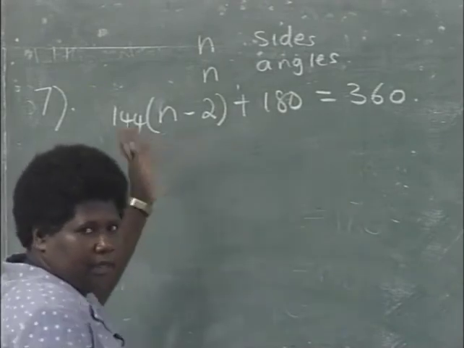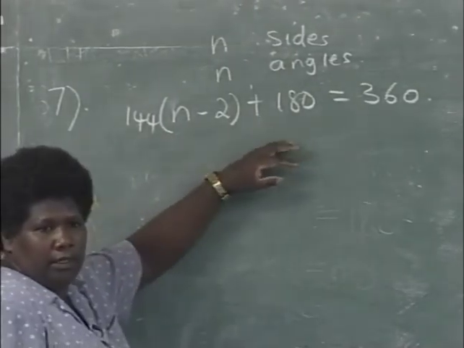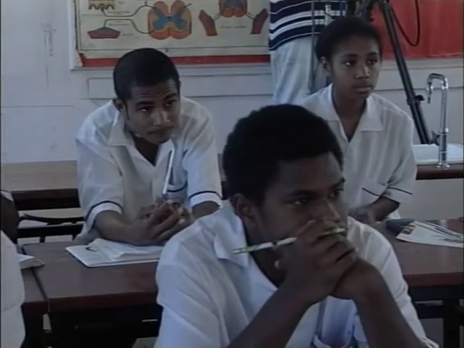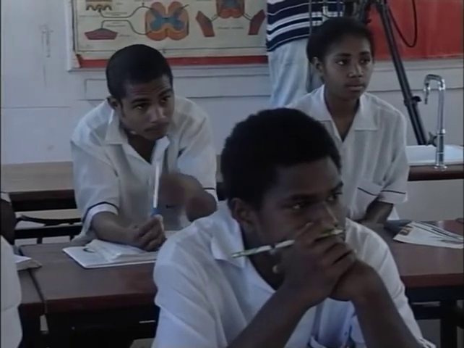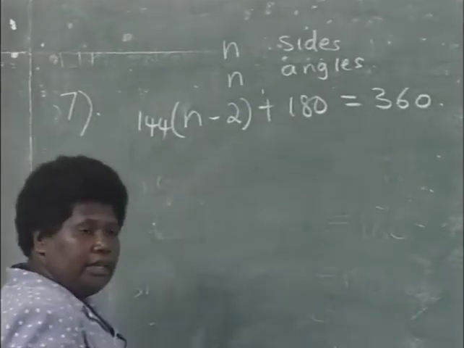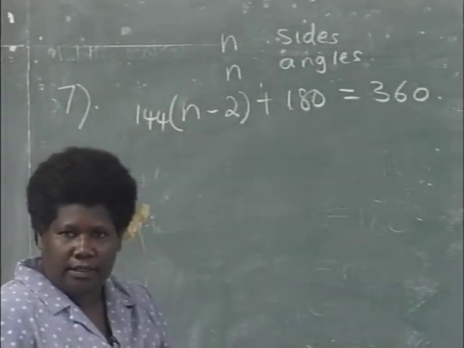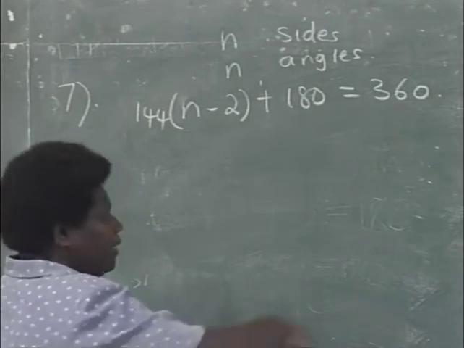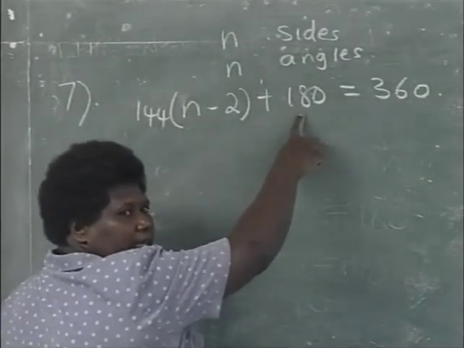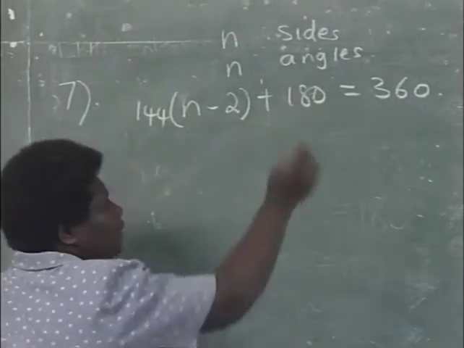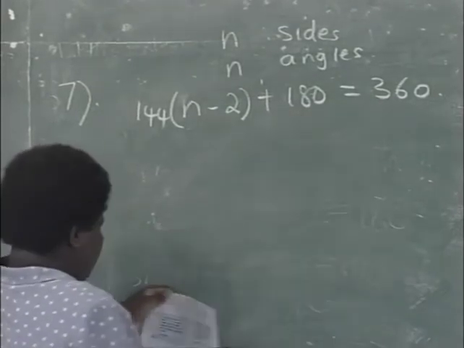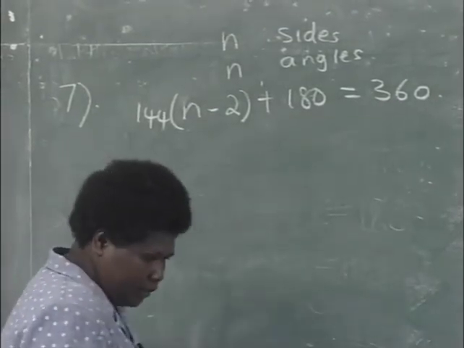Can I just explain this again? Because some of you are not listening. You are writing. You're supposed to be listening first. If an interior angle is 90, the exterior angle is also 90 degrees. So this is where this 180 comes from. 2 right angles will give you this.